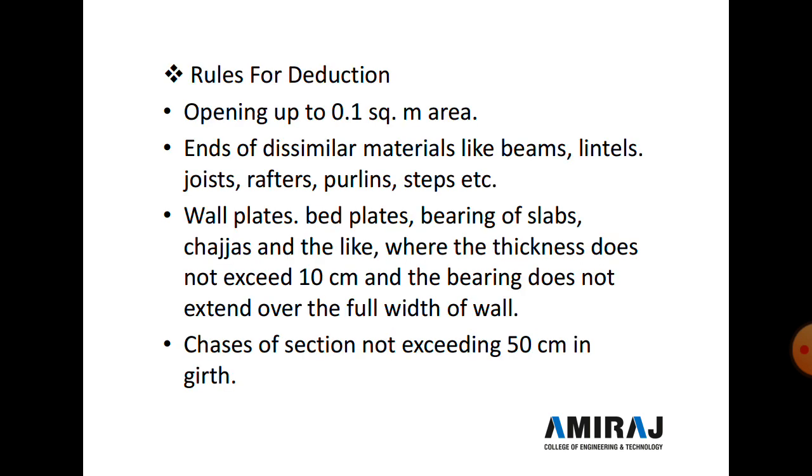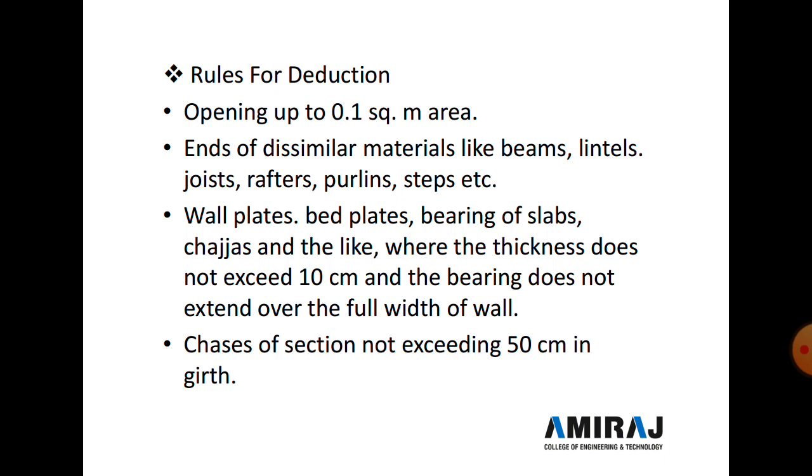Now some of the rules for deduction in stone masonry work. Openings up to 0.1 square meter area are not deducted, and neither are ends of dissimilar material like beams, lintels, joists, rafters, purlins, steps etc., wall plates, bed plates, bedding of slabs, chajjas and the like, where the thickness does not exceed 10 centimeters and the bedding does not extend over the full width of the wall.